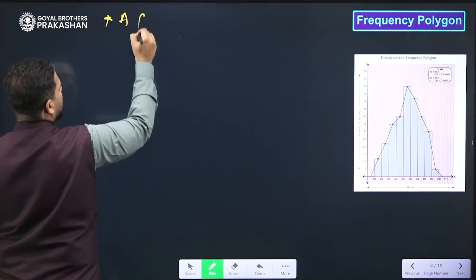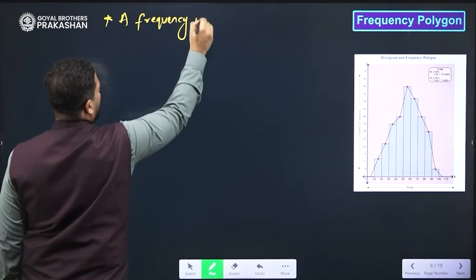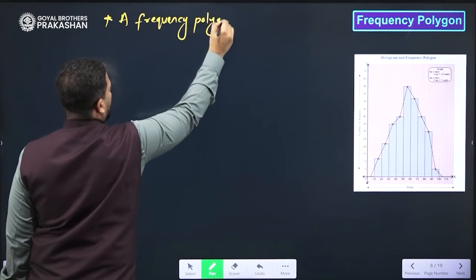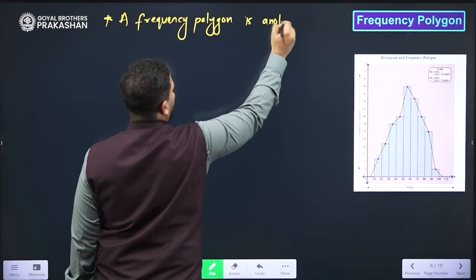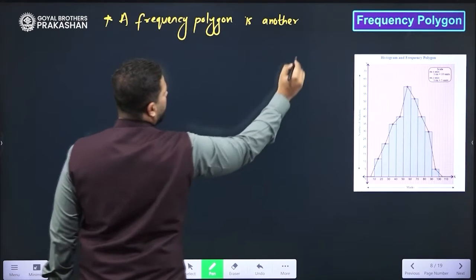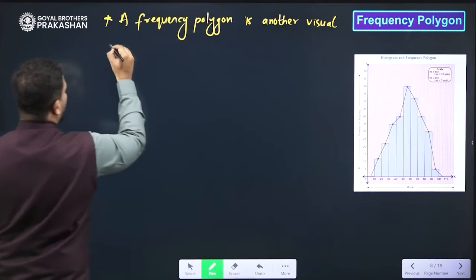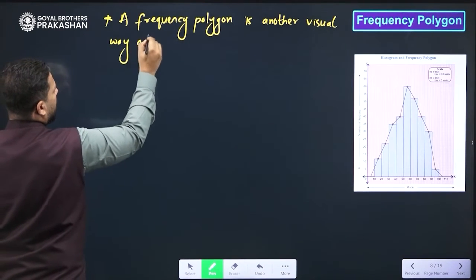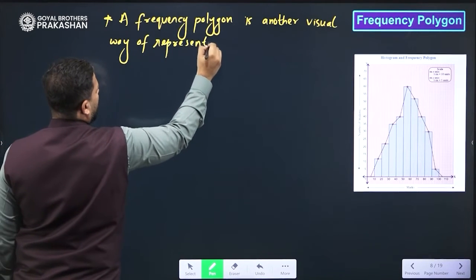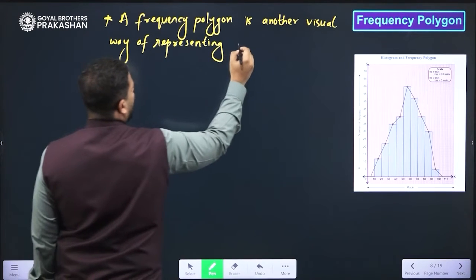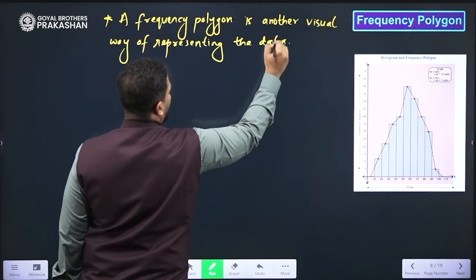A frequency polygon is another visual way of representing the data, right?